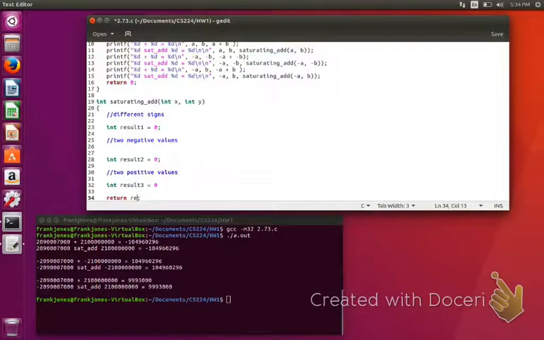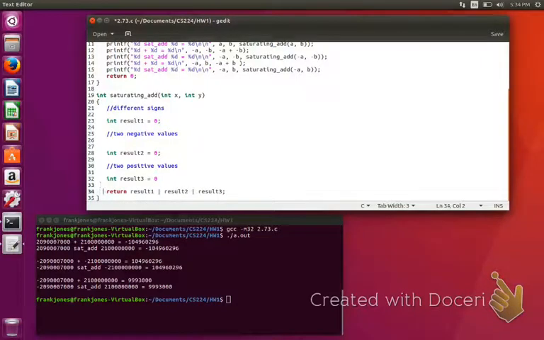Why? Well, because then I can do this. I return result 1 bitwise ORed with result 2, bitwise ORed with result 3. Think about how this would work. If the result is supposed to be 0, they're all going to be 0, and we would simply return a 0.